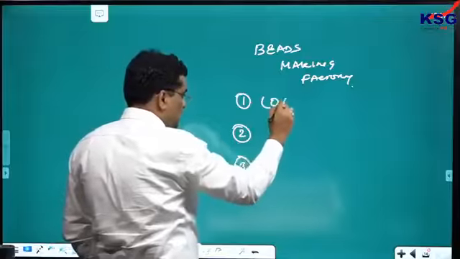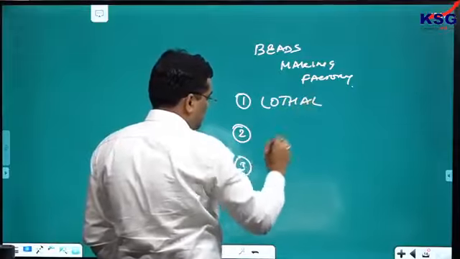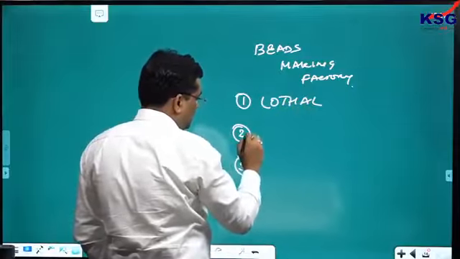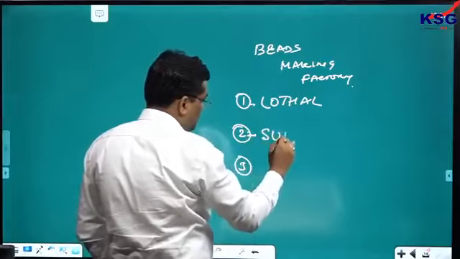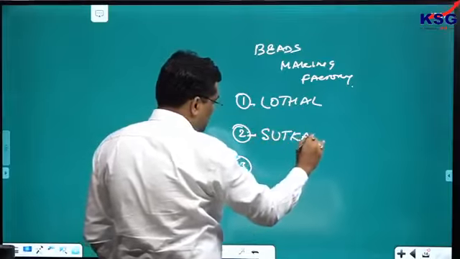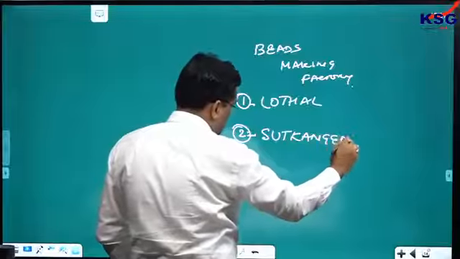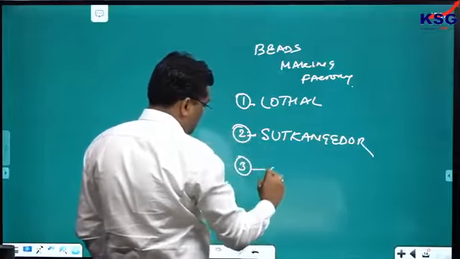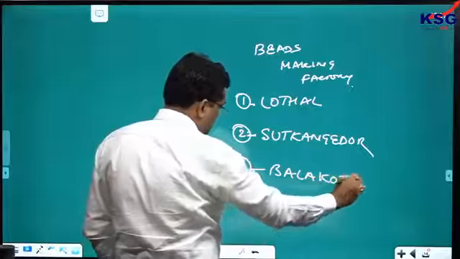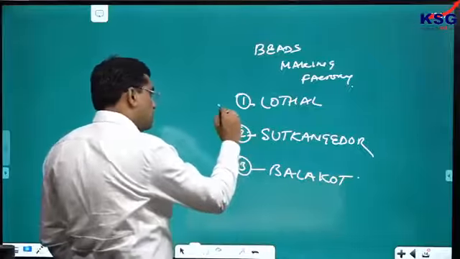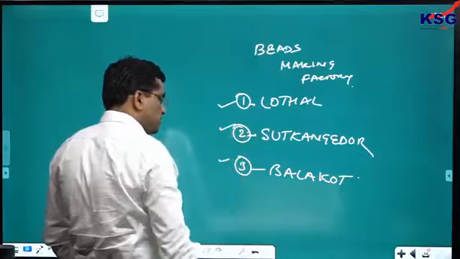Lothal, which is in Gujarat. Sutkagendor. Balakot. We have found the beads making factory at these places.